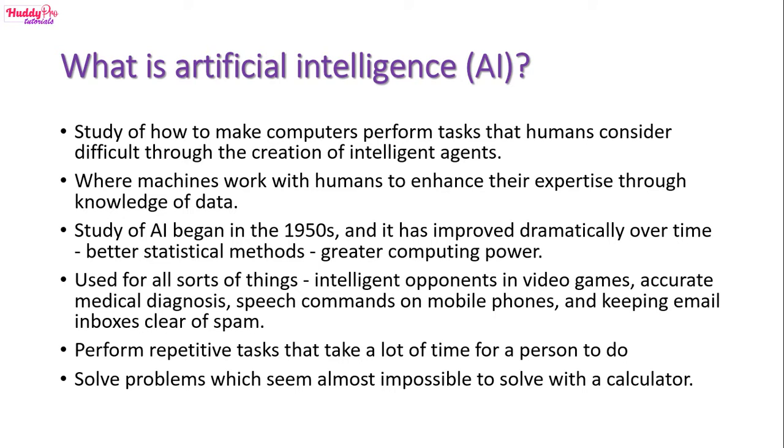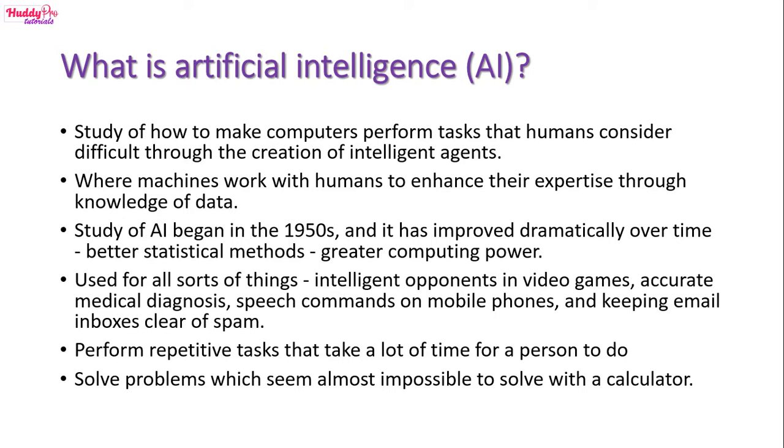AI is the study of how to make computers perform tasks that humans consider difficult through the creation of intelligent concepts. So artificial intelligence is where machines work with humans to enhance their expertise through the knowledge of data.